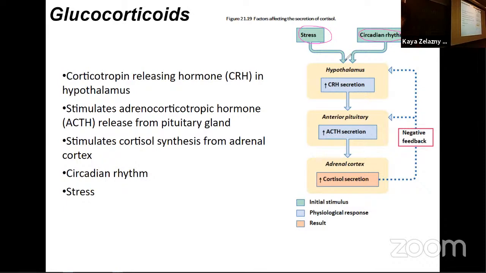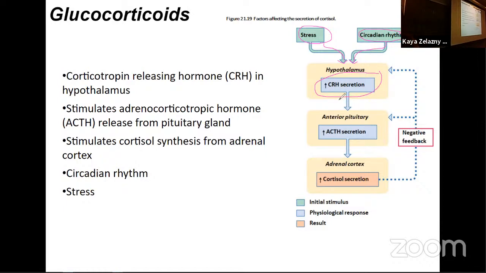Okay. So we have stress or the circadian rhythm coming in and interacting with the hypothalamus, which is where we get our first tropic hormone. So our CRH increases in response to stress or to signals from the circadian rhythm.